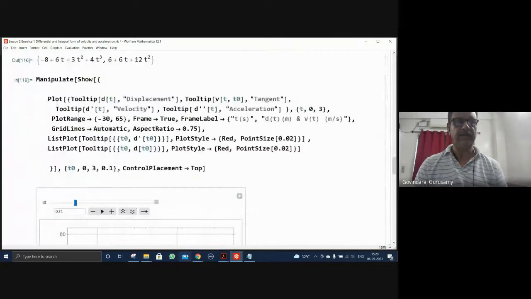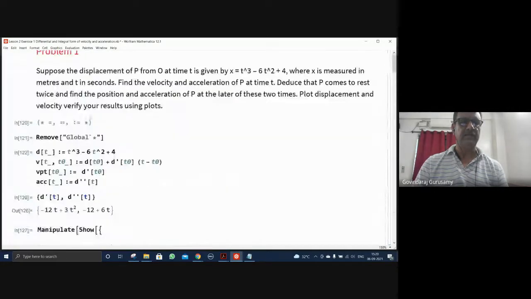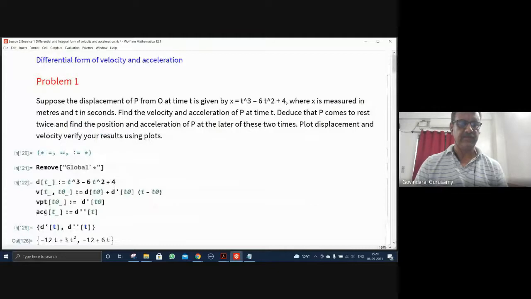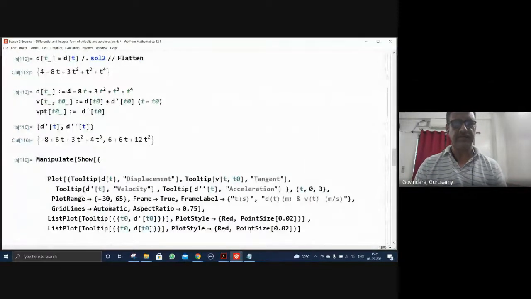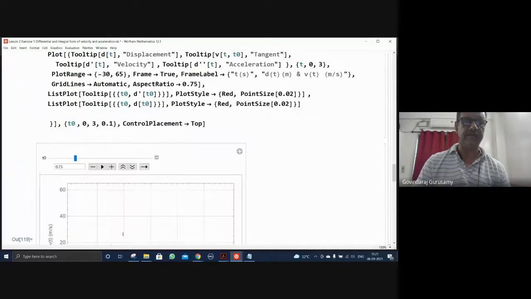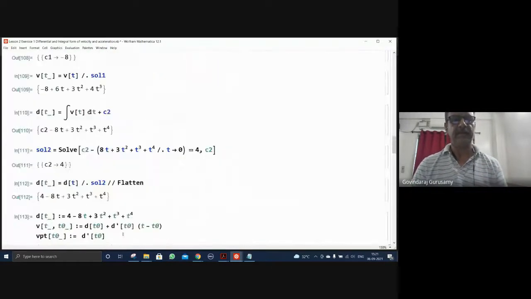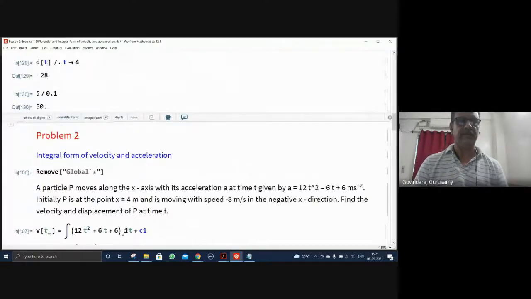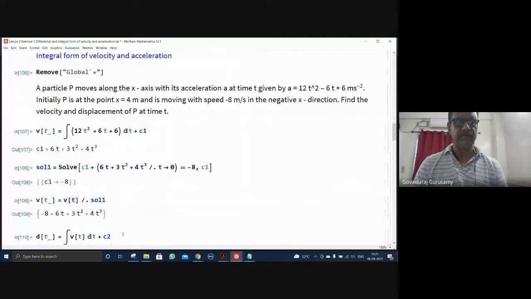If you want to avoid this problem, then what you have to do is change these variable names. You make this D1, V1, then acceleration 1 and VPT1. Then you come back to this, you make it D2, V2, acceleration 2. If you define like this, then this problem would not come. Okay, that's another way to take care of that. But it's not a problem when you are independently explaining one by one. But when you want to put them together, then it's going to be a problem.